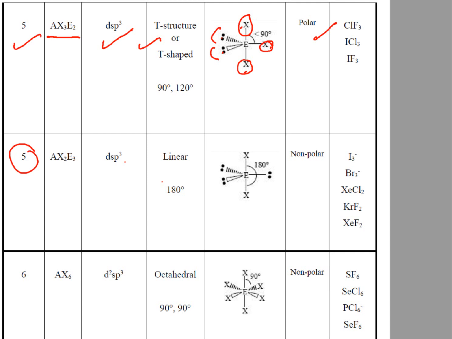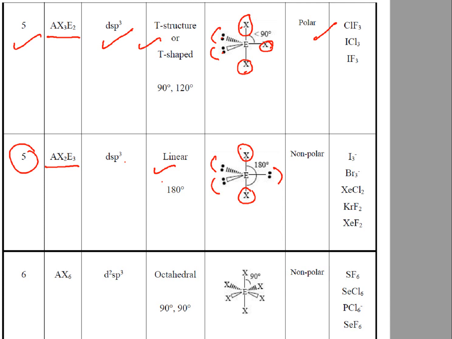In this kind of molecule, AX2E3 means the central atom is surrounded with 2 other atoms, and we have 3 lone pairs. The lone pairs are going to orient themselves like that, making the molecule linear.